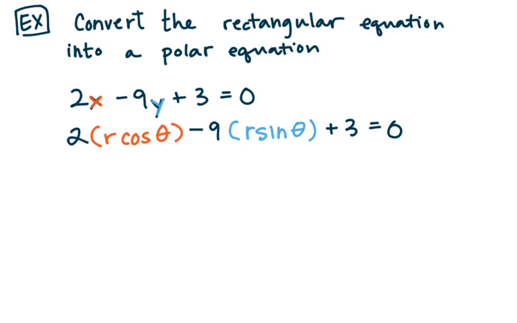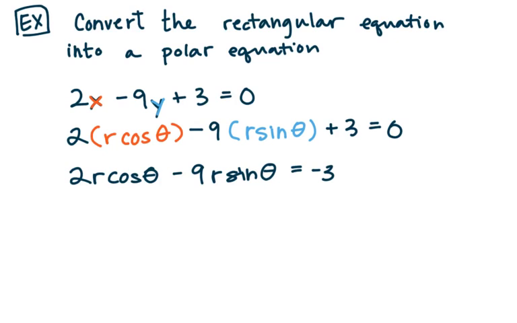All right, how are we going to deal with this? This doesn't look very nice. This doesn't seem like it would be useful. Well, it is, and you really get to see why it's useful when you get to Calc 3, as I think I've mentioned before. But let's manipulate this a little bit. So I have 2r cosine theta minus 9r sine theta equals negative 3.